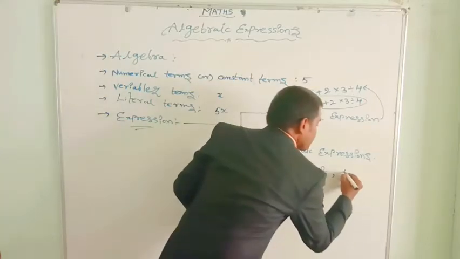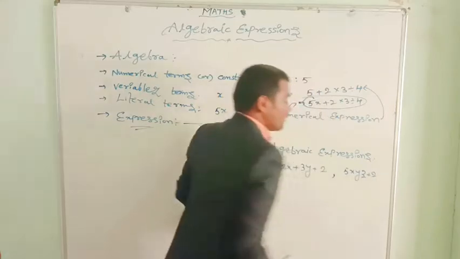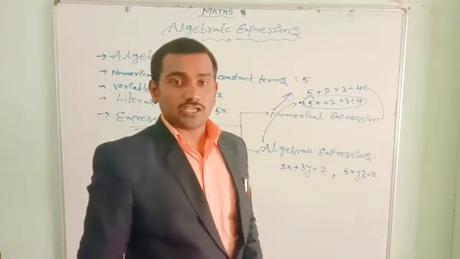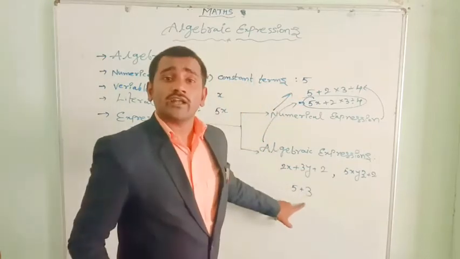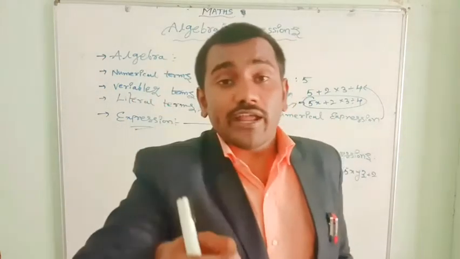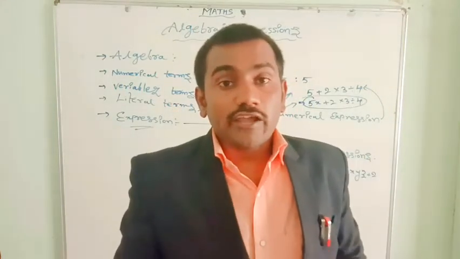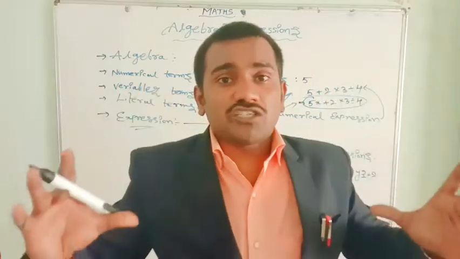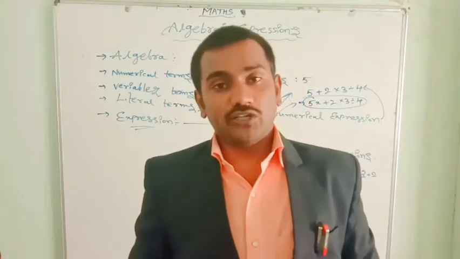Then 5xyz plus 2 is also known as an algebraic expression. Now 5 plus 3 is a numerical expression. I hope you understand. If an expression contains at least one variable, it's known as an algebraic expression. If no variables are present and all are constant terms, then it's known as a numerical expression.